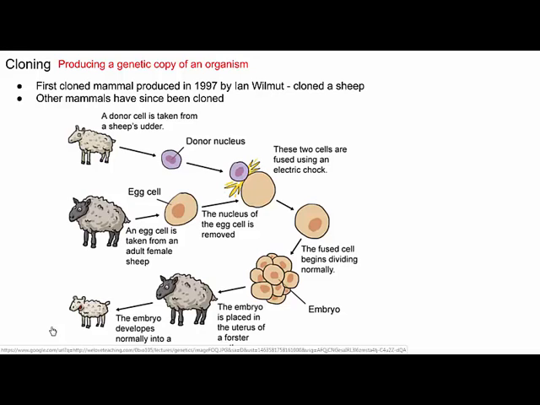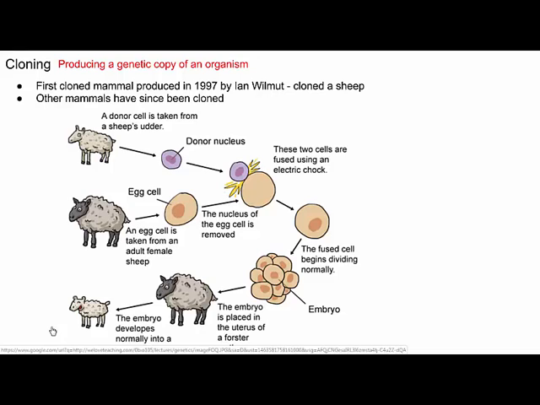Then they take an egg cell from another animal, and they get rid of the nucleus, just throw it away. So you have an empty egg cell, okay? And then you have the nucleus of the species we're trying to clone. Basically, you just stick the nucleus from the one you want to clone into this egg cell.